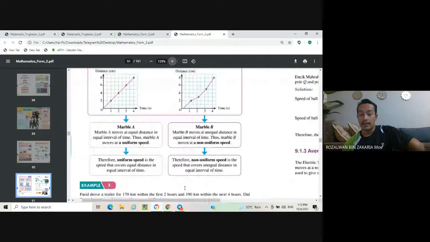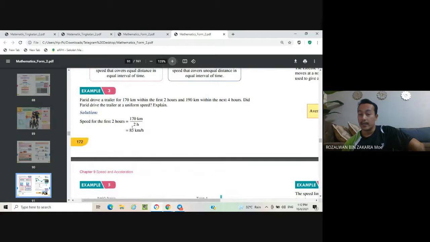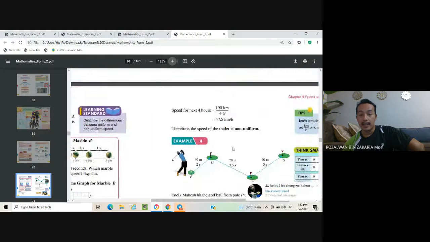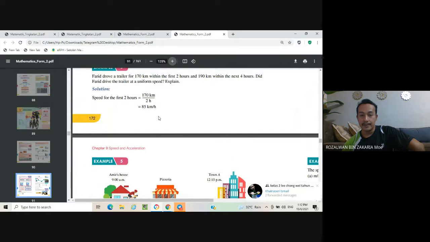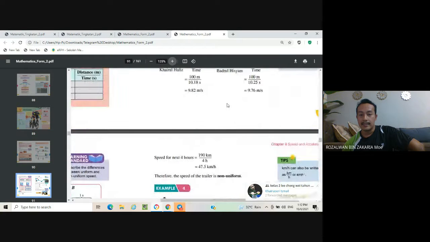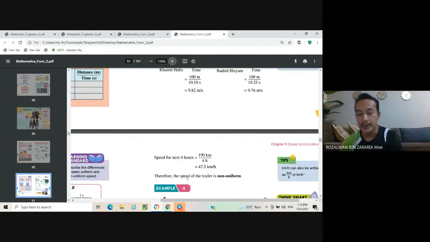Because if the speed of the trailer is uniform, the answer should be 85 times 2, which is 170. Because the value for the speed here is not the same. Suppose the answers had the same value here. Because the answers do not have the same value, we can say that the speed of the trailer is non-uniform speed.